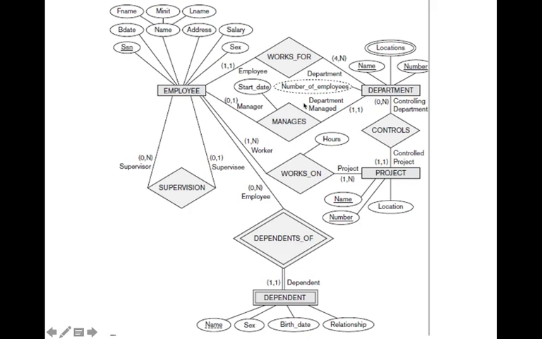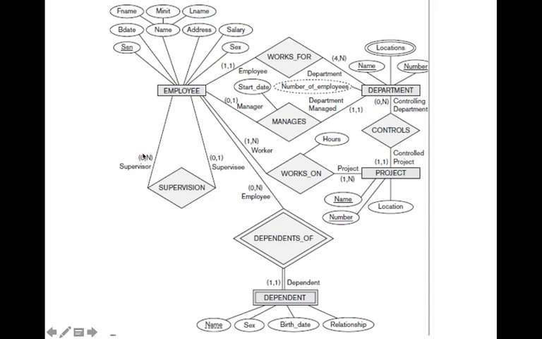So this way we can specify all these constraints. This is known as min-max notation. We can avoid the double lines and the 1,1 and 1 to n ratio constraints and simply use this. This is a recursive relationship. Here it is 0,n.